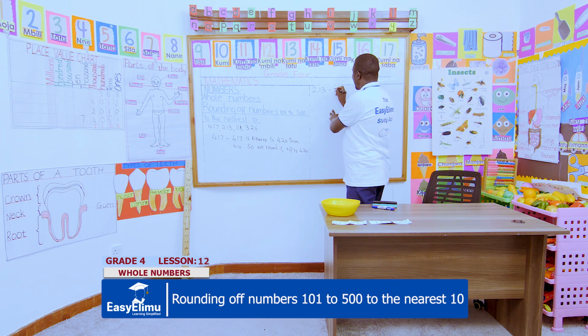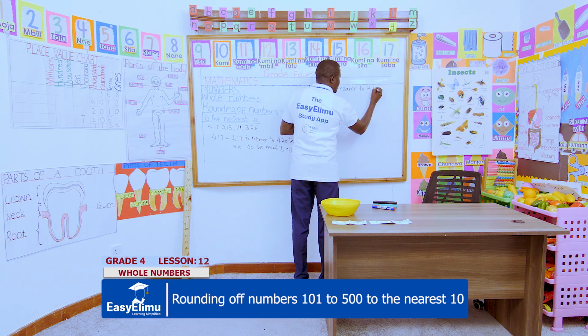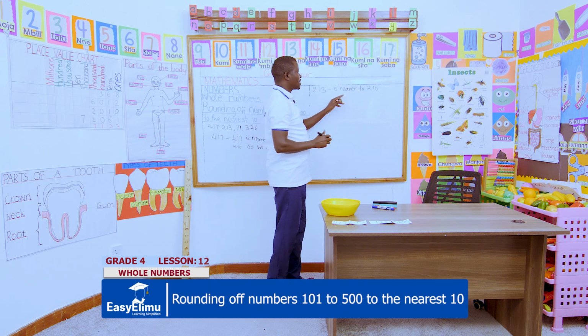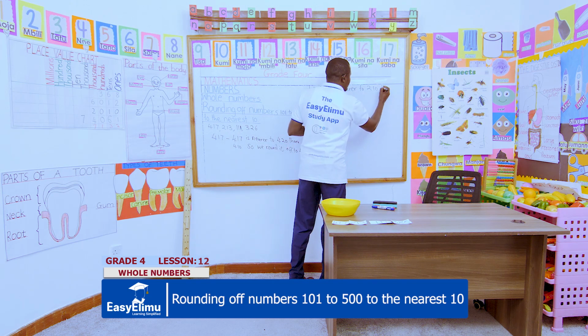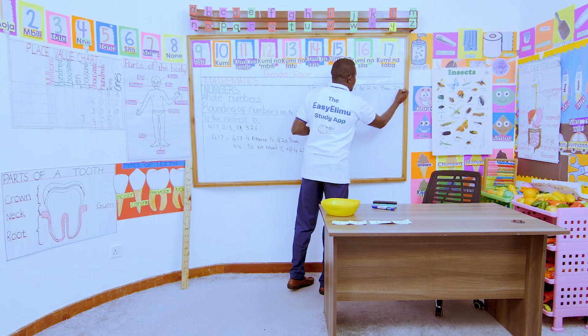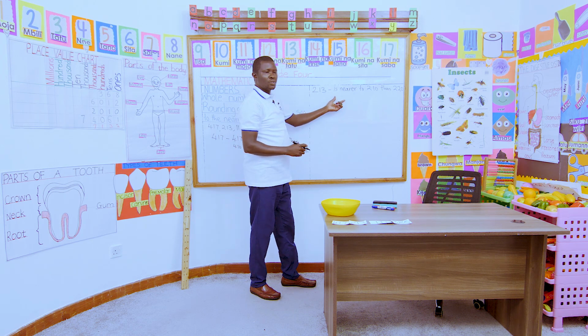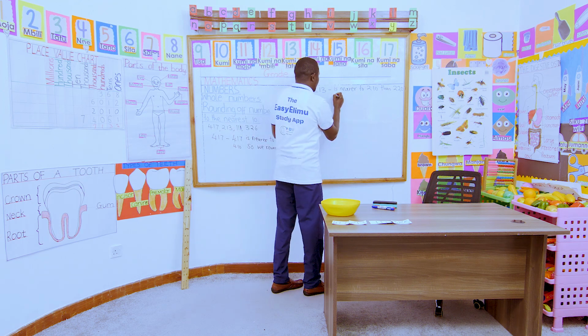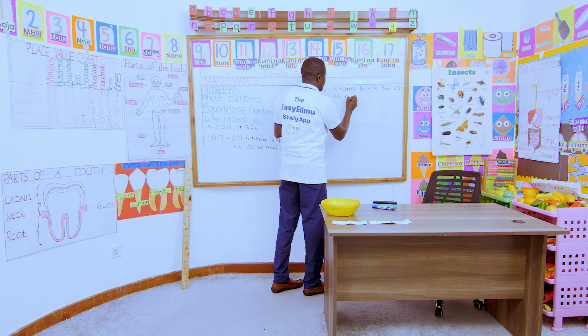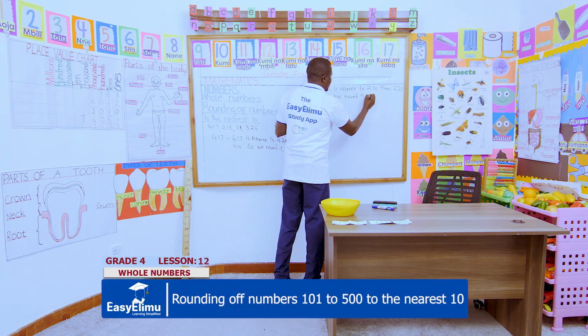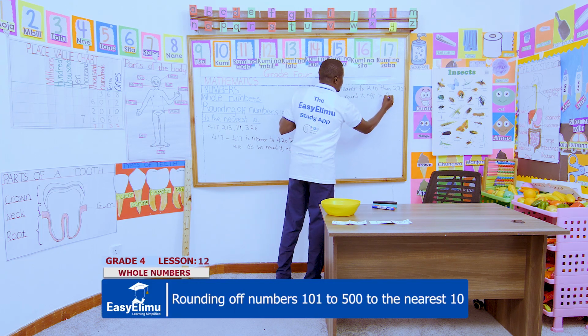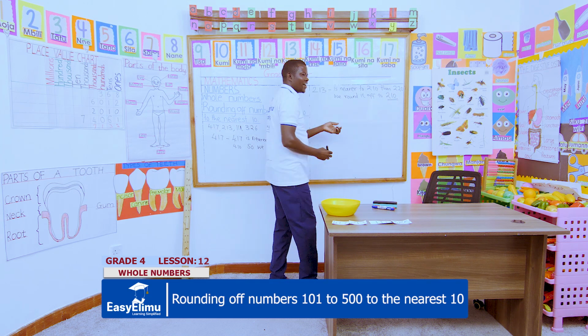So 213 is nearer to 210 than 220. So if it is nearer to 210, we round it off to the nearest tens as 210, and 210 becomes our answer.